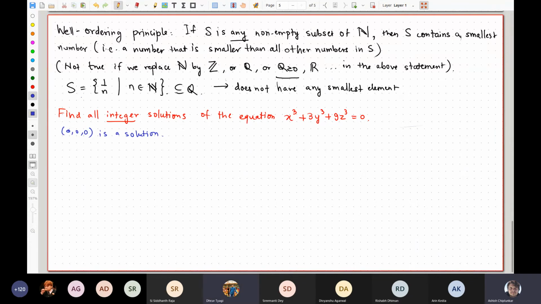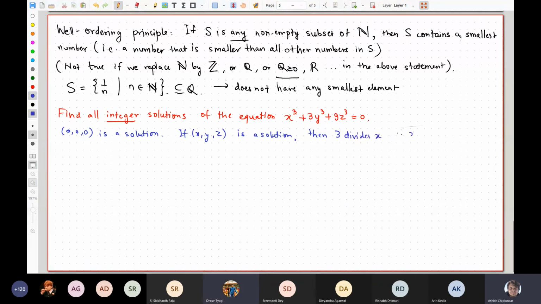Because we can take modulo 3 and find that x is divisible by 3. Very good. So x is of the form 3x1. You're on the right track, but let me just write down whatever you're saying. So if x, y, z is a solution, then 3 divides x.